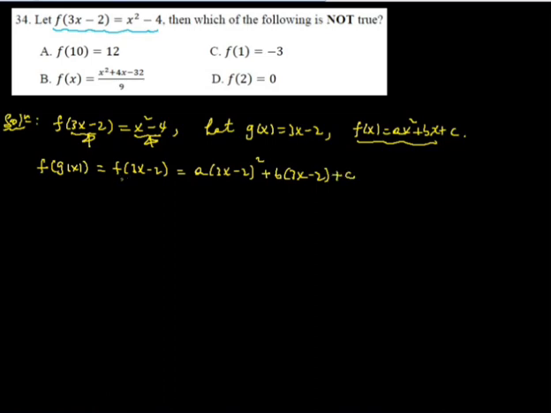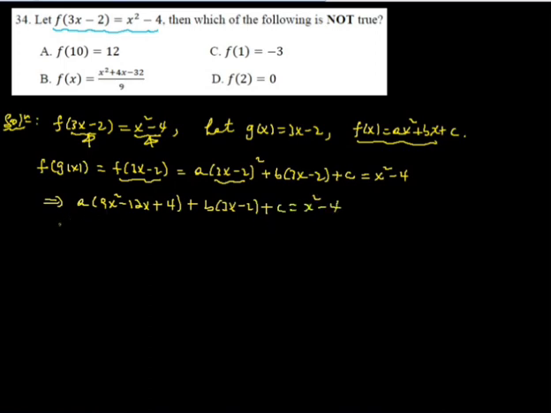So this composition gives us x squared minus 4. So this implies, squaring 3x minus 2, you will get 9x squared minus 12x plus 4 plus b into 3x minus 2 plus c is equal to x squared minus 4.